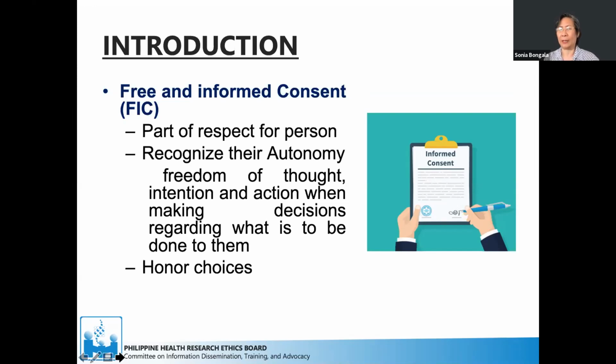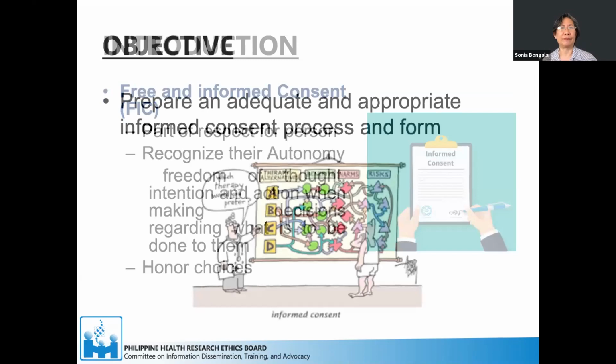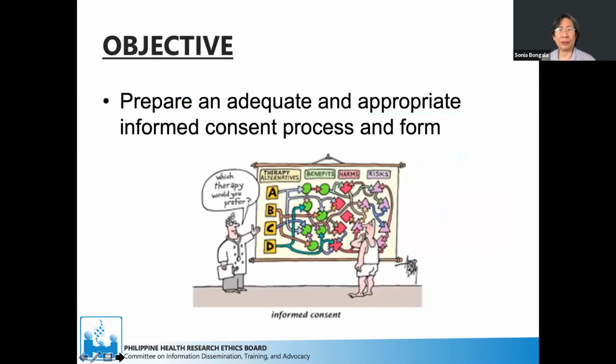And it is the right of the person to decide and for his choice to be honored. Okay, if you're the participant here with a very complicated diagram, usually either you say no or even without understanding, you tend to say yes. And that is not a valid consent.